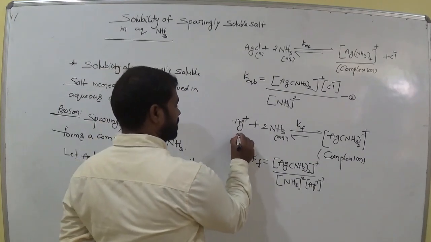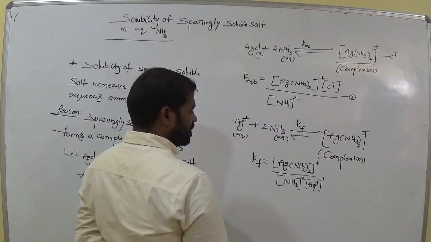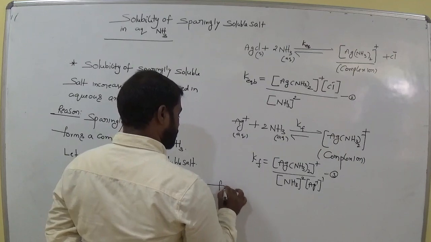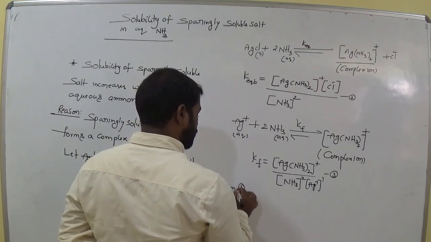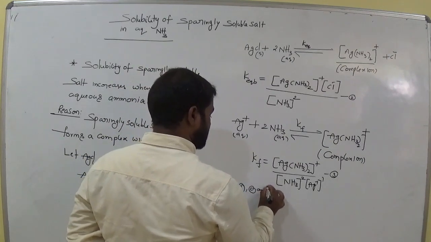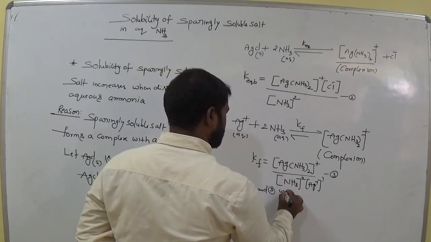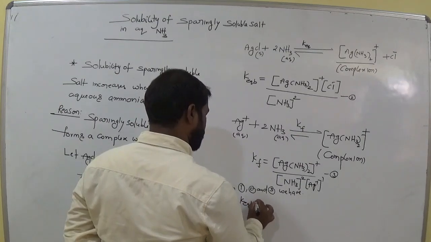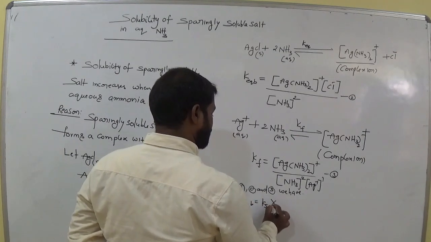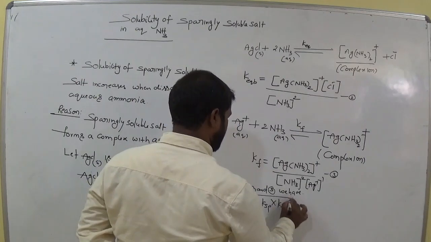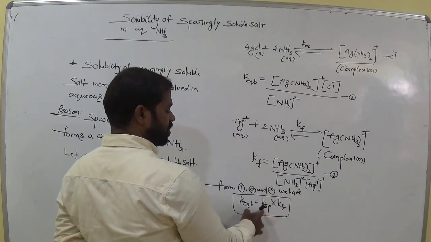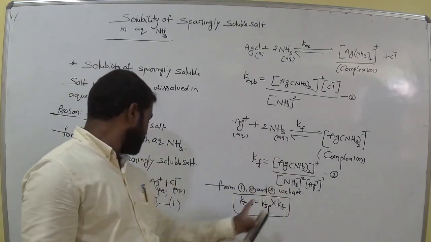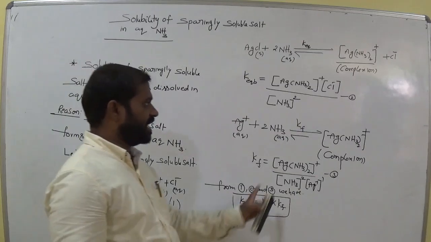Okay, clear everyone? So from 1, 2 and 3, we have the relation K equilibrium equals Ksp into Kf. Multiply these two terms and we get the K equilibrium expression.